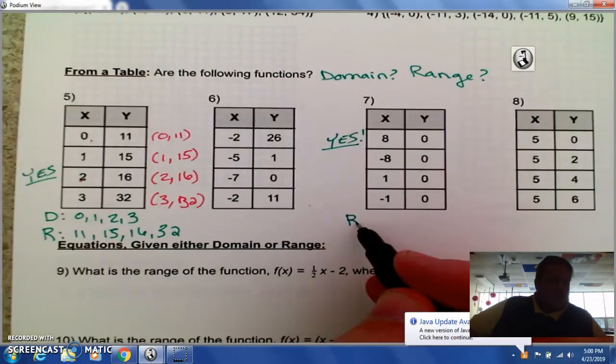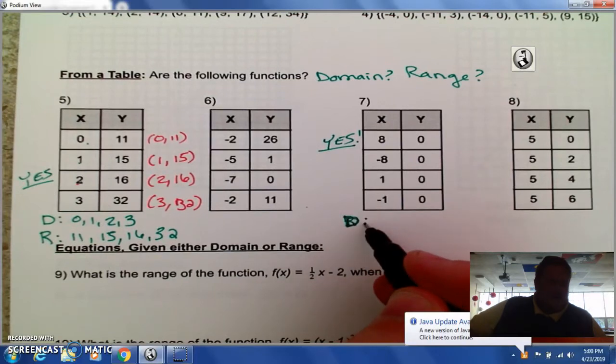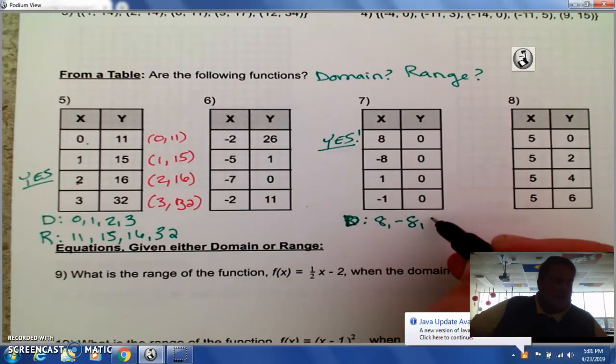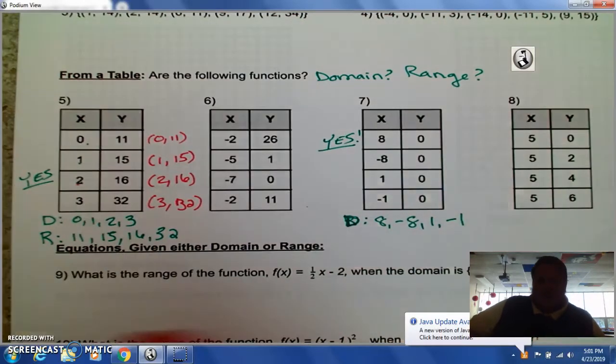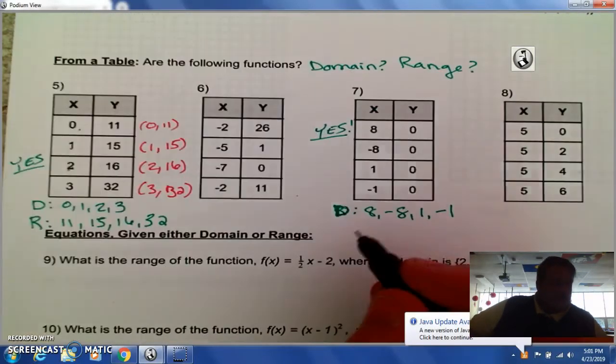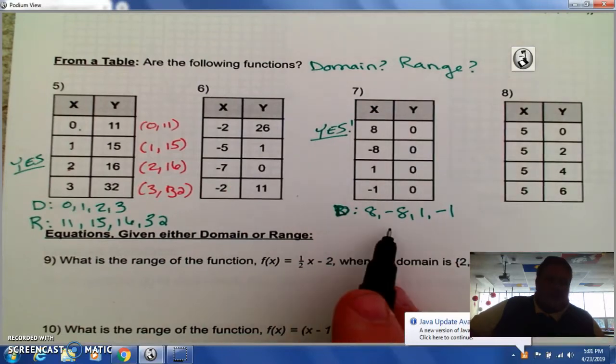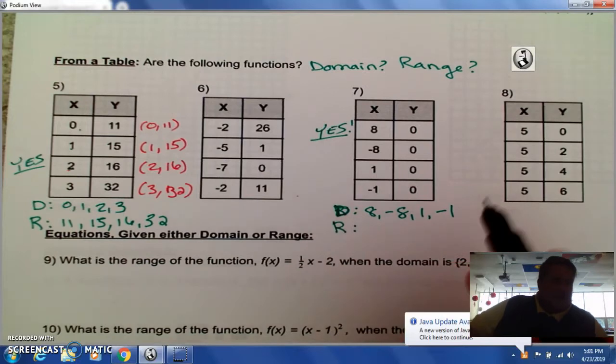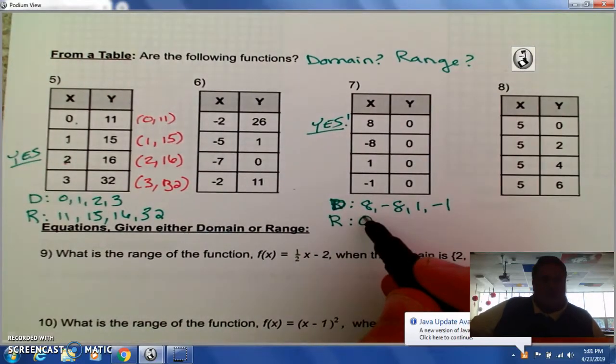So our domain is 8, negative 8, 1, and negative 1. The proper way is to put that in order, okay? Like negative 8, negative 1, 1, 8, but for purpose of time, I'm not doing that. And we only have a 0, so I just write 0.